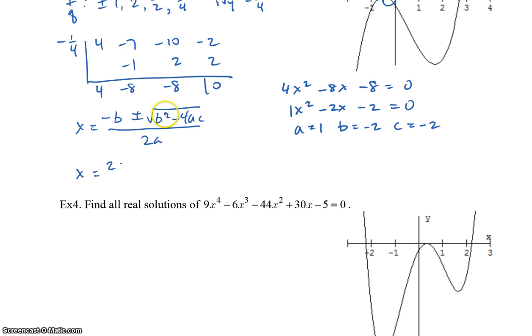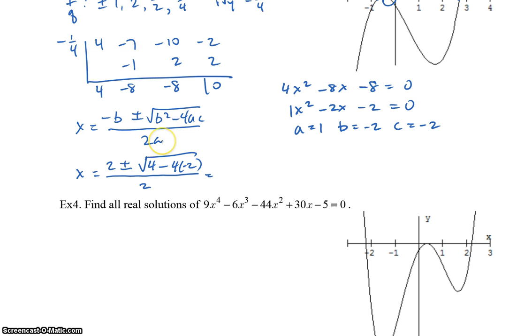Minus b is +2, plus or minus b squared is -2 squared, which is 4, minus 4 times a times c, which is 1 times -2, which is -2. Take the square root of that whole thing, divide everything by 2 times a, 2 times 1 is 2.